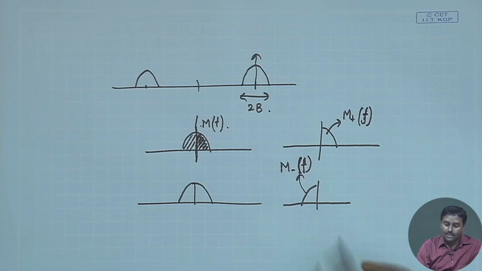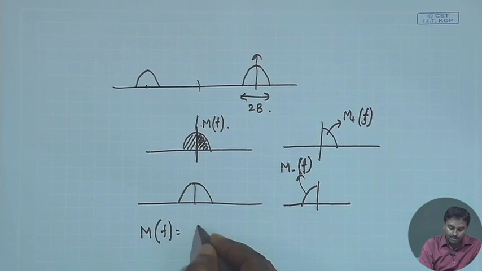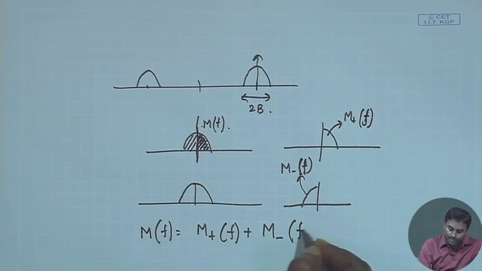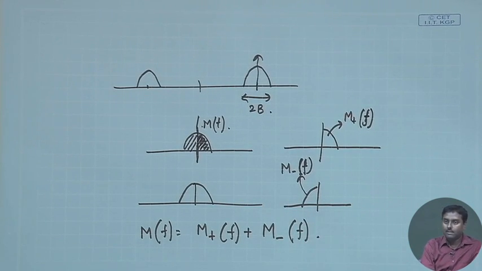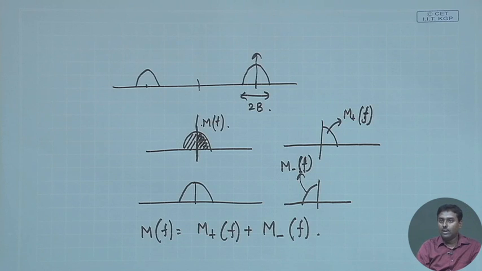And if I just add these two, I will get my M(f). So, M(f) is nothing but M plus (f) plus M minus (f), right. Okay. So, we will try to utilize this representation for generating our signal. You will see how the frequency spectrum generates a proper frequency efficient modulation technique. We will see that from our discussion later on.